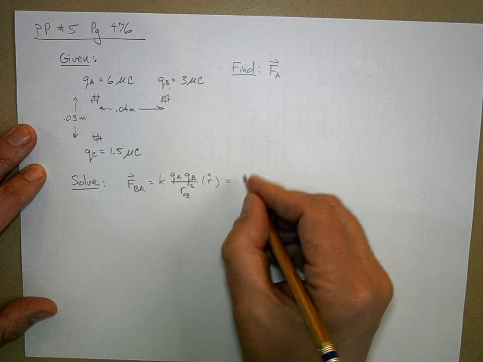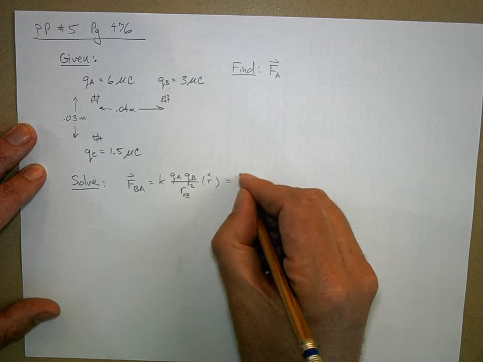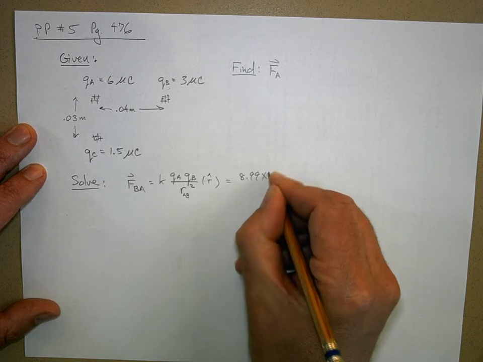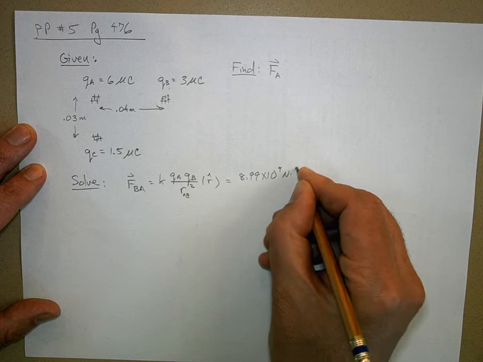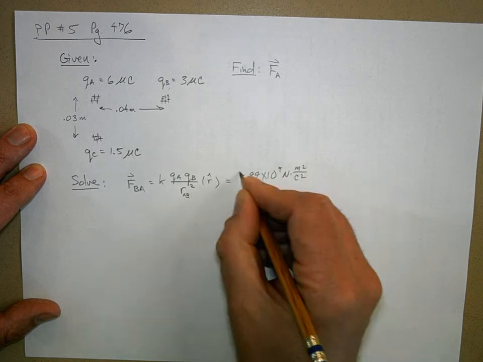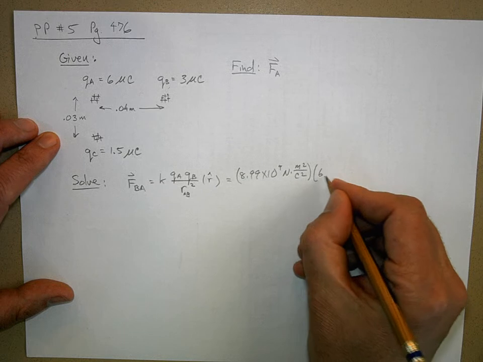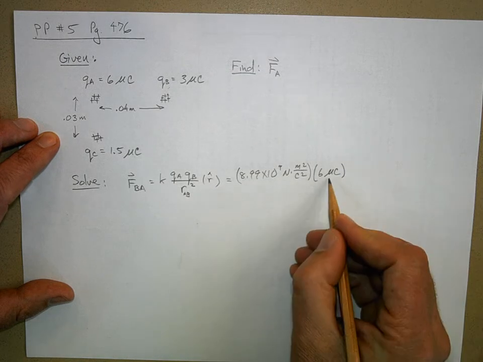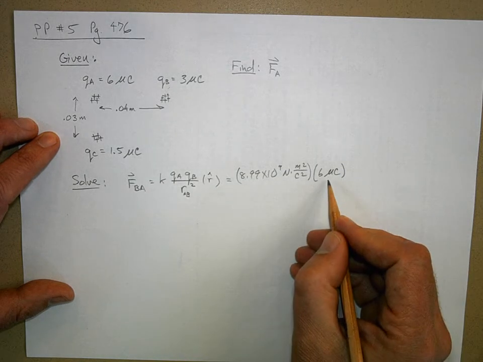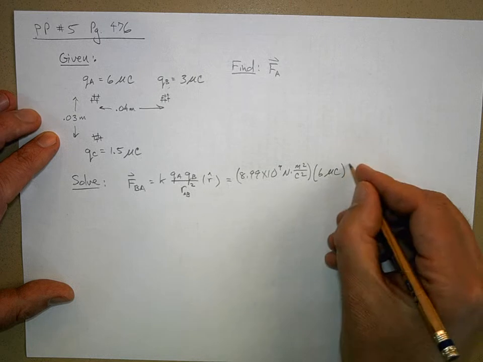And then we plug in our values. So this is 8.99 times 10 to the 9 Newton meter squared per coulomb squared times the charge on A, which is 6 microcoulombs. And remember to type in times 10 to the negative 6 whenever you see that micro.